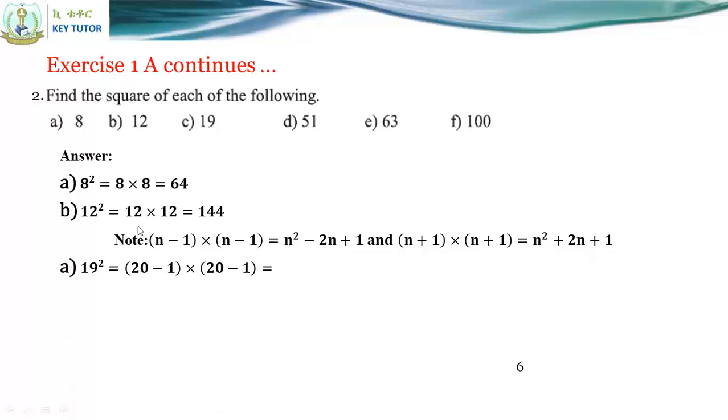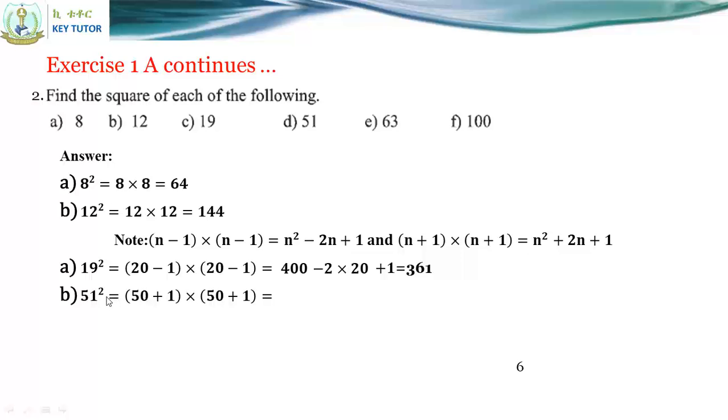Okay, so now let's use this in finding 19 square, which is 20 minus 1 times 20 minus 1. 20 times 20, which is n square, 400, minus 2 times 20, 40, plus 1. Obviously 401 minus 40, which is 361.